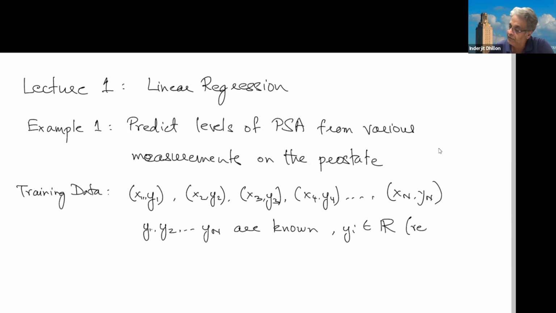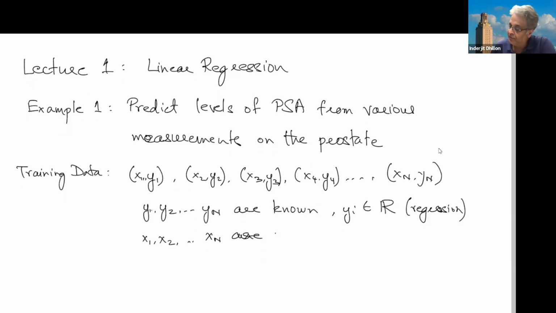So this is regression. Later on, we'll see that we can have classification problems where these yi's may be integer valued or categorical variables. And again, reminding you that x1, x2, xn are measurements on the prostate.